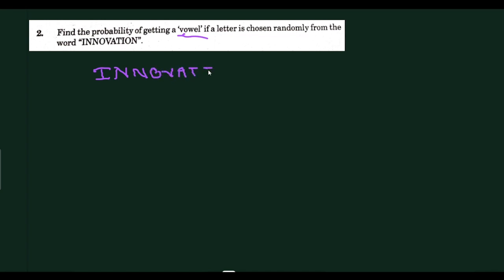What are the vowels here? See, I is a vowel, N is a consonant, N is a consonant, here O is a vowel, A is a vowel, and then I is a vowel. And here it is O, O is also a vowel, right?